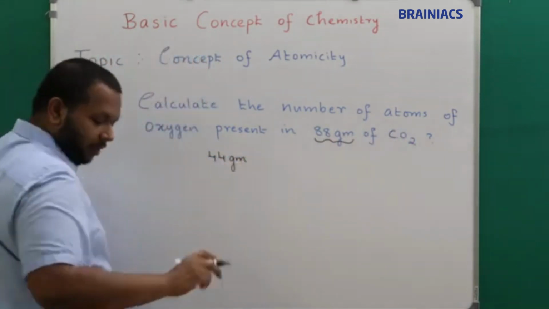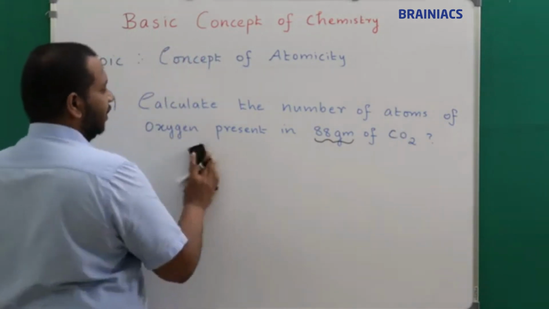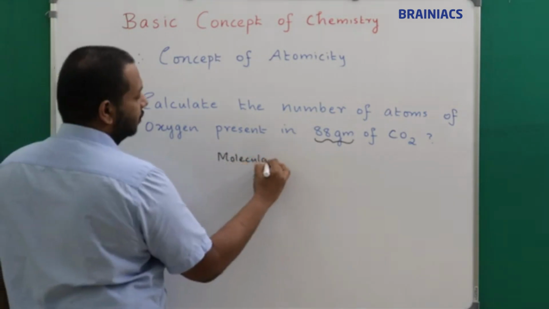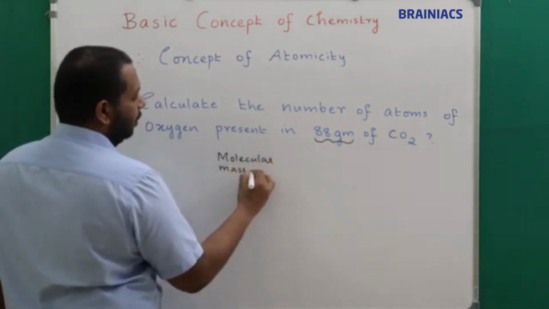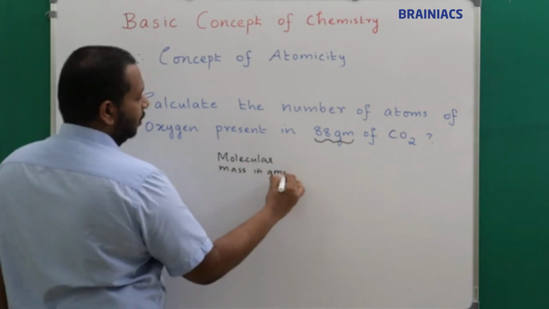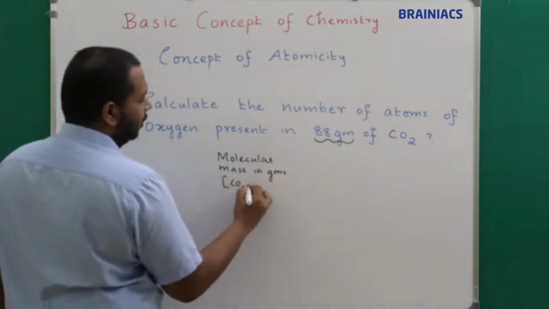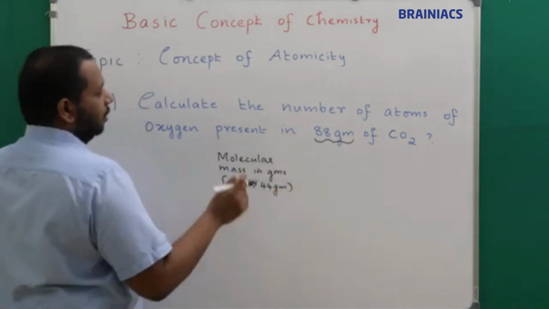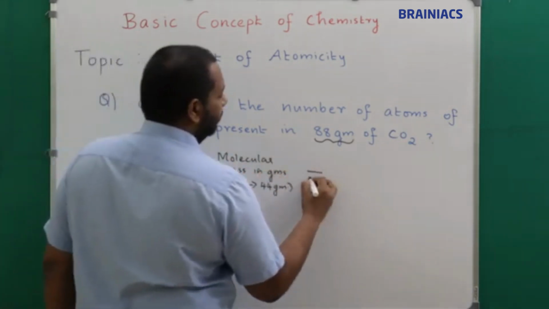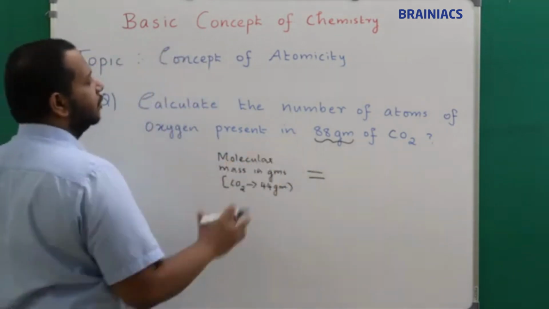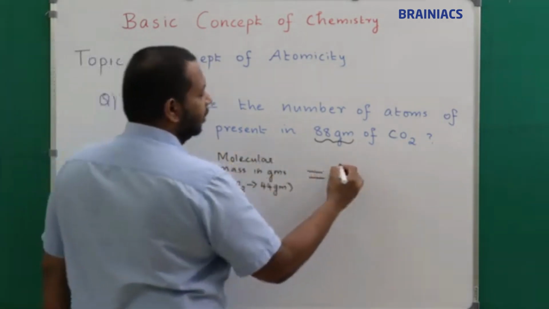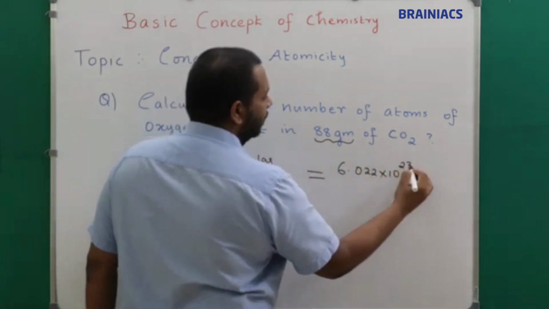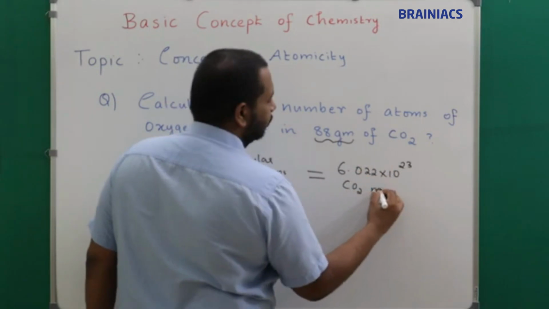So the molecular mass in grams of carbon dioxide is 44 gram. As per our concept, this is the mass of 6.022 into 10 power 23 CO2 molecules.